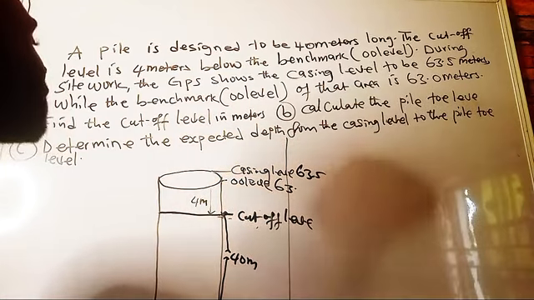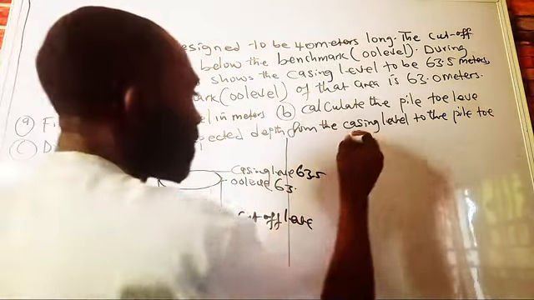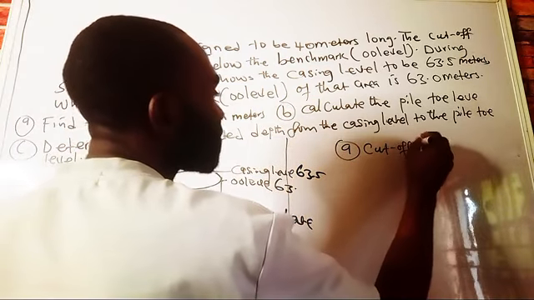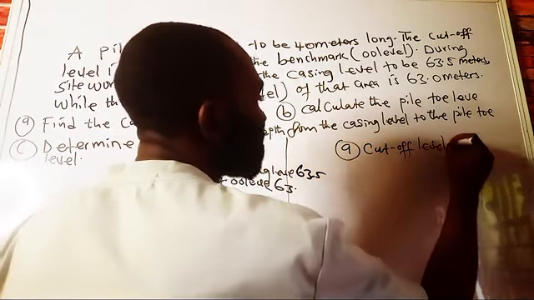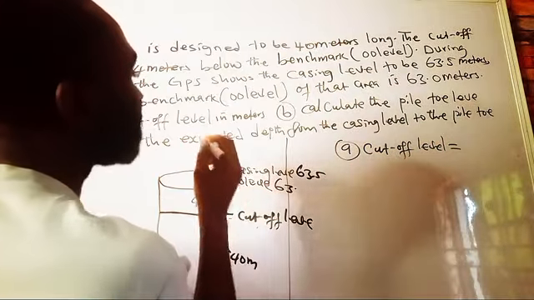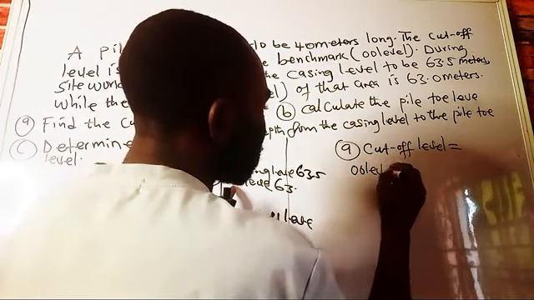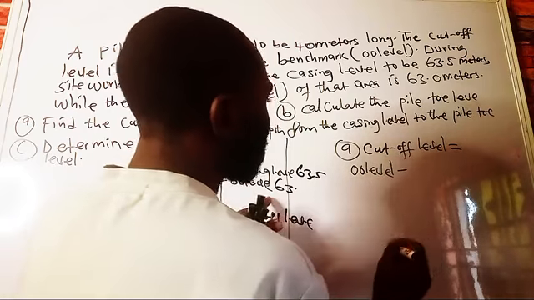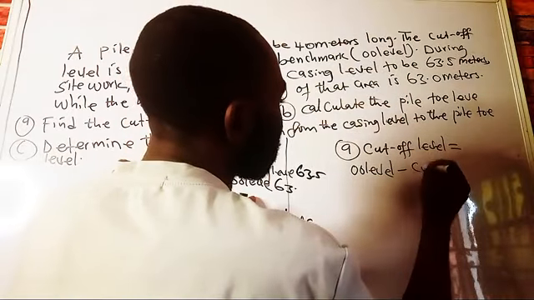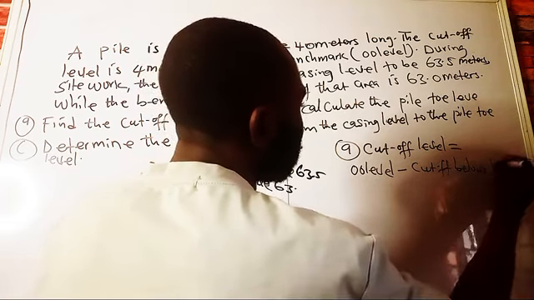So the solution to number A: our cutoff level is equal to the zero level minus the cutoff below the benchmark.